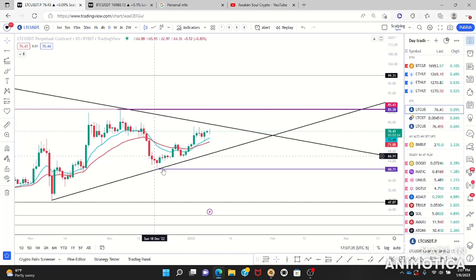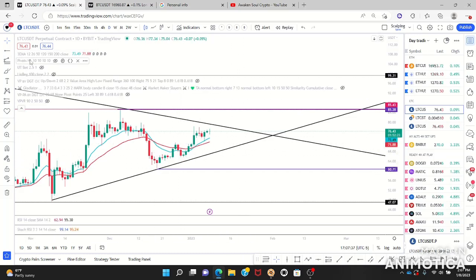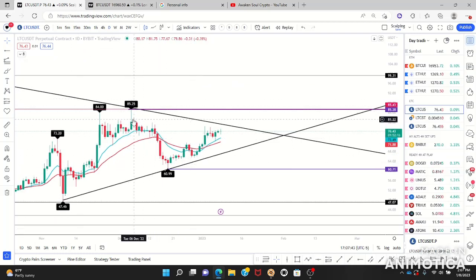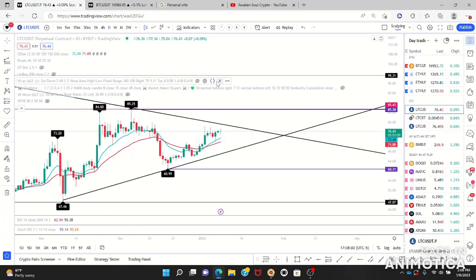If you have a hard time finding your range, I like to use our pivot highs and lows. This indicator will actually point out the exact price where your highs and your lows are. So that's my daily. Okay, so now that I have my range, my trend lines, let's go ahead and find our POC, our point of control.